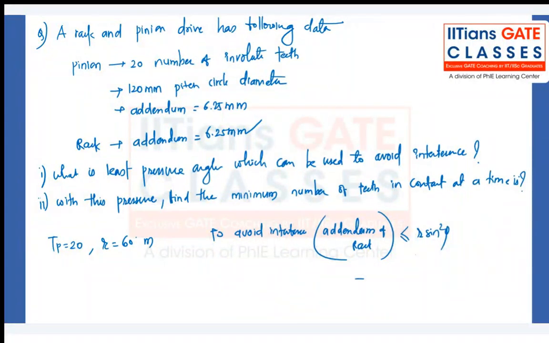So from this you can calculate phi. Sin square phi should be greater than or equal to 6.25 divided by 60, because r is 60, and from this you'll get phi greater than or equal to 18.83 degrees. So the first answer is 18.83.